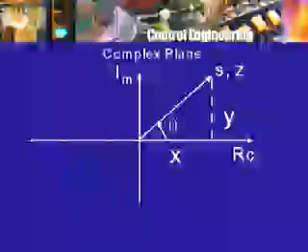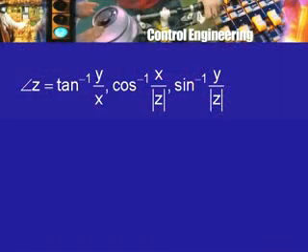One can write an expression for it, except that there is an ambiguity which always arises when we talk about the inverse trigonometric functions. So, for example, I can write angle of Z equal to tan inverse y divided by x, or I can also write it as cos inverse x divided by the absolute value or modulus of Z. I can also write it as sin inverse of the imaginary part y divided by the absolute value of Z. The only thing is, when we think of the inverse trigonometric functions, there is an ambiguity.